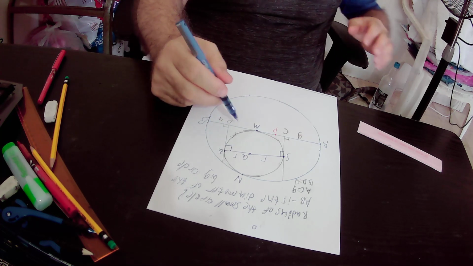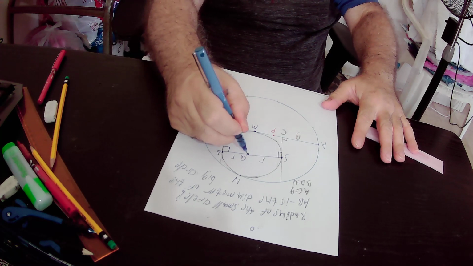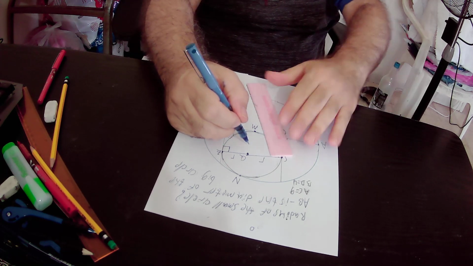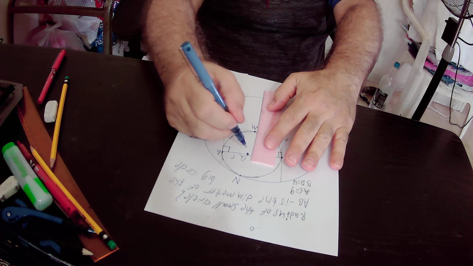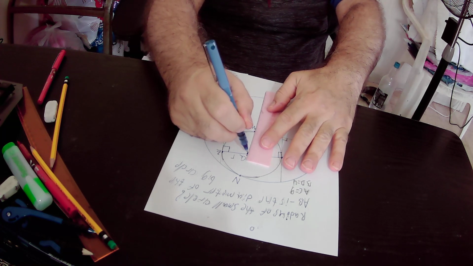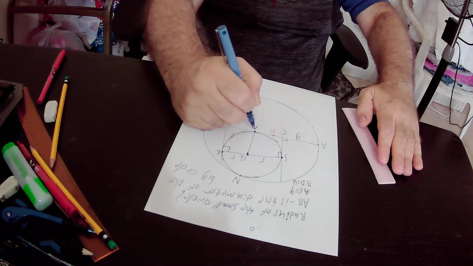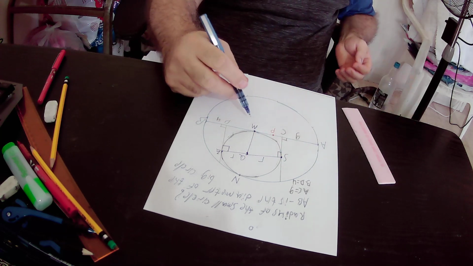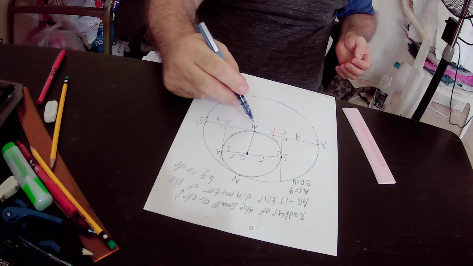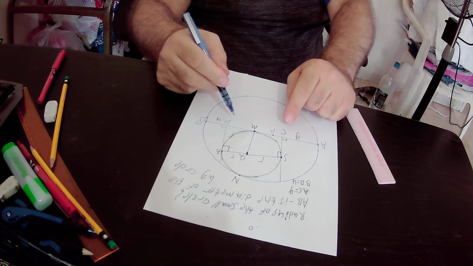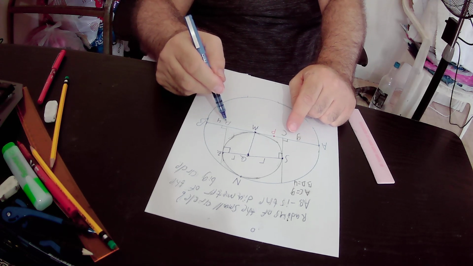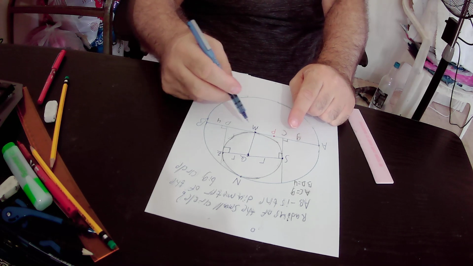Okay, and in the same way, we will draw this third radius to the point of tangency, that is point M. Point M is the point of tangency of the tangent CD to the circle.